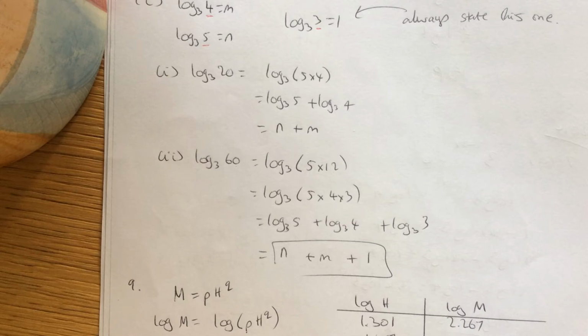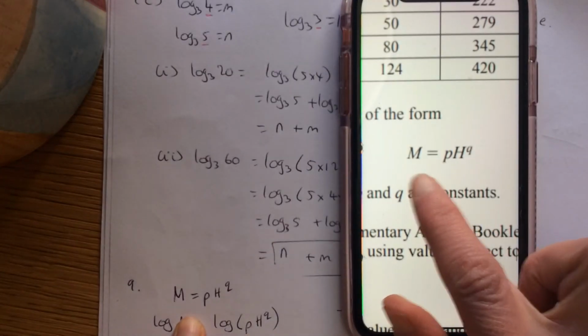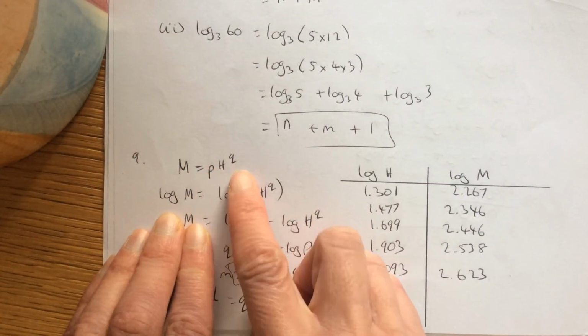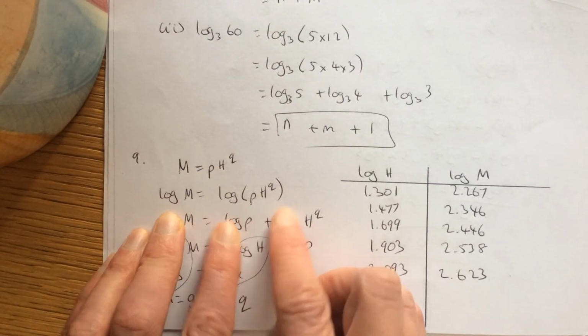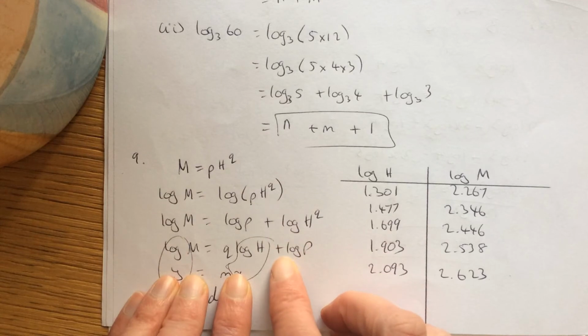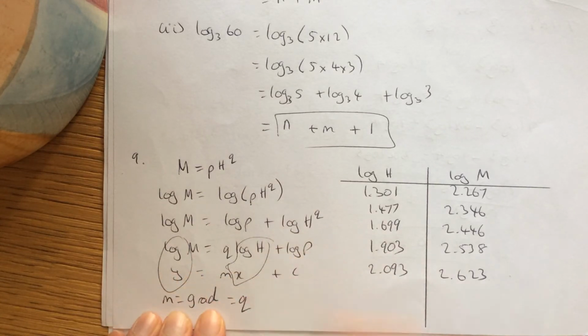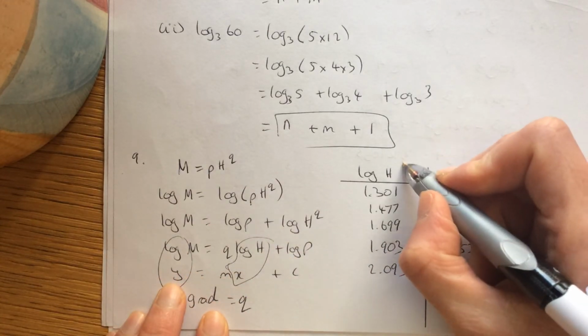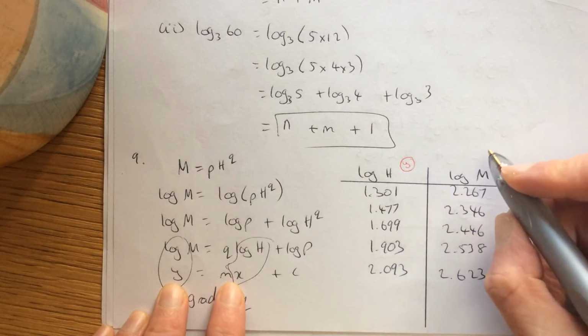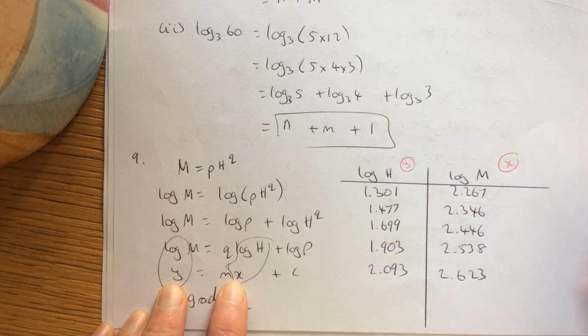Okay, and a graph one now. Number 9. All right, so if you look straight in at the question, that's where I always start. Okay, log each side, separate them out, bring your power to the front, compare. So my y's are my log h's, and my x's are my log m's.